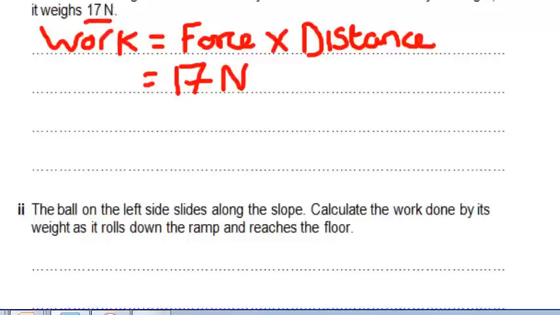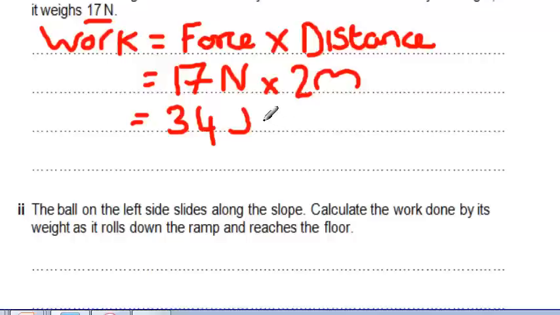So the key information for us is that 17 and that 2. So 17 times 2 meters, and if I'm not mistaken, double 17 is 34, and that will be in joules. You can write J or joules, however you wish, and we get the marks for that.